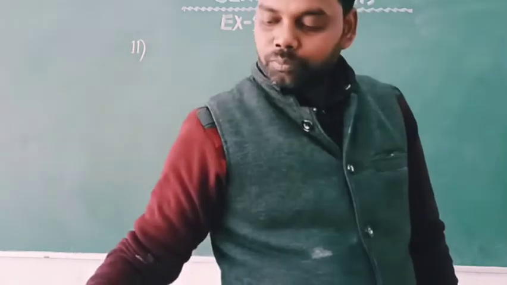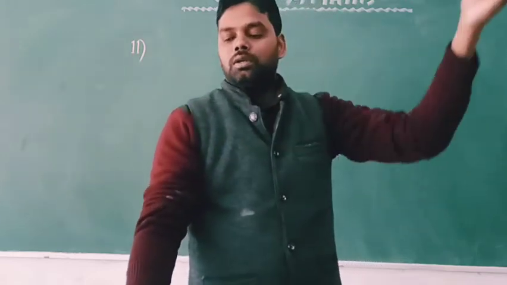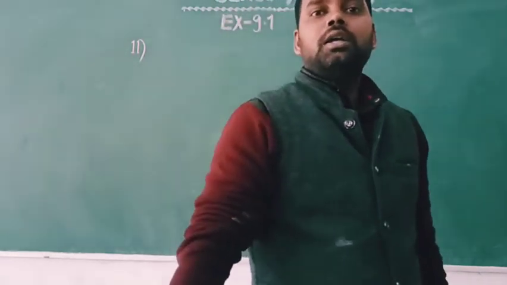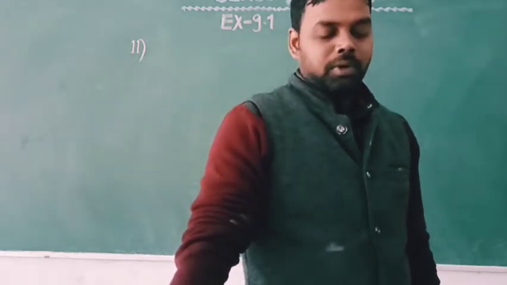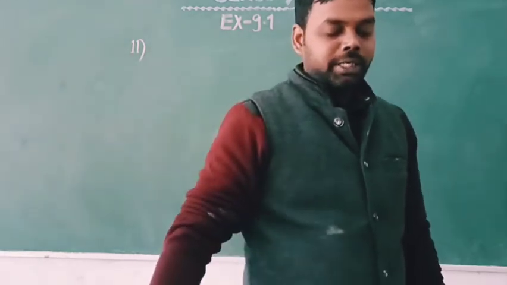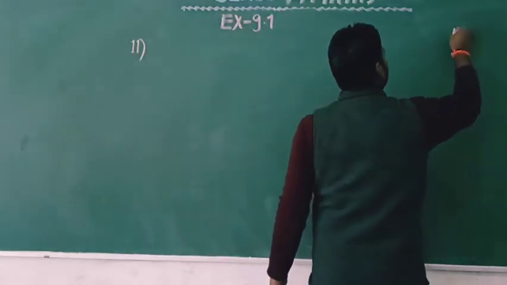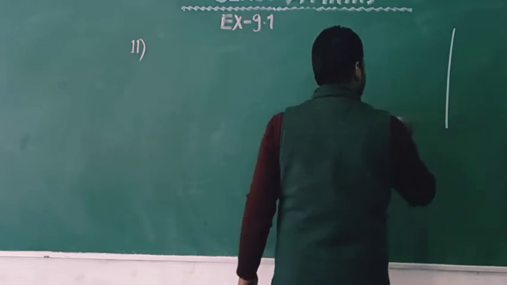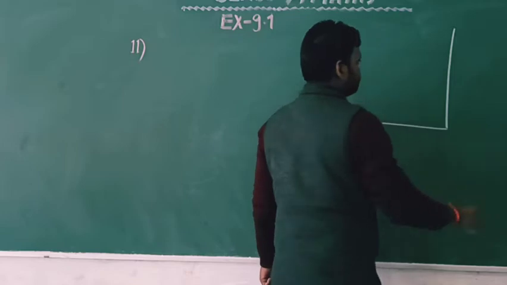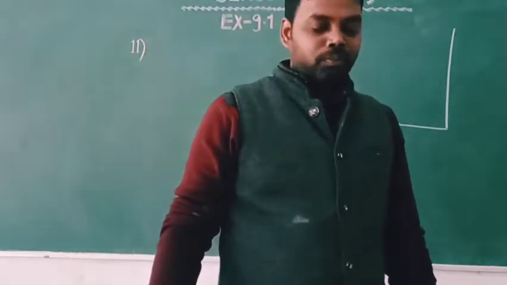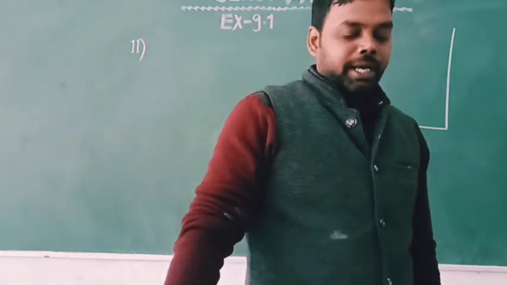Okay children, first let us draw a simple diagram to represent the whole problem. We have a TV tower standing vertically on a bank of a canal.